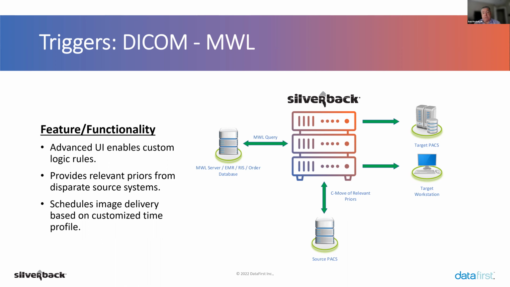So for example, we'll query the modality worklist, we'll carve out the patient ID, some other relevant patient demographics, birth dates, et cetera. And then we'll look for associated priors that would match the inbound new study. So for example, if it's a brain MRI, we'll look for what brain associated studies would be there. We go ahead and move those down the road to whatever the viewing solution is.